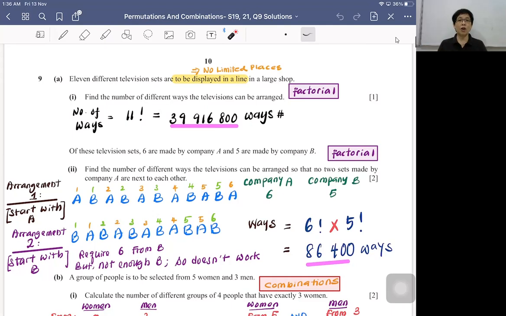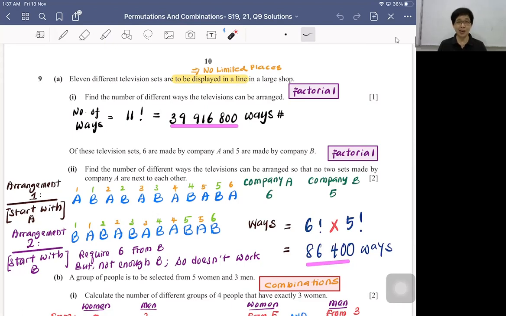On the contrary, you have the liberty to display all 11 different televisions all at one time. Therefore, the number of ways you can arrange them is 11 factorial. With a few punches of the calculator, it will display 39,916,800 ways.